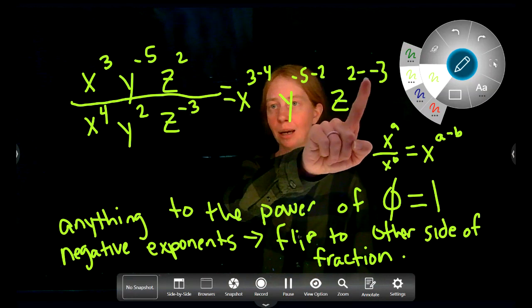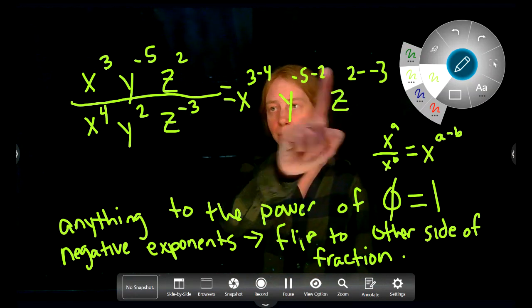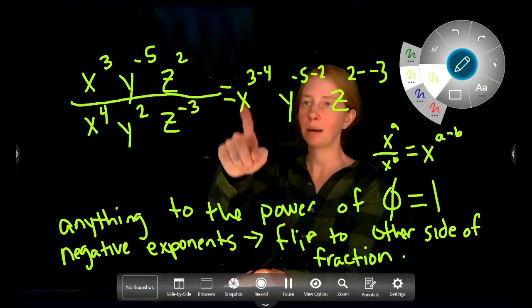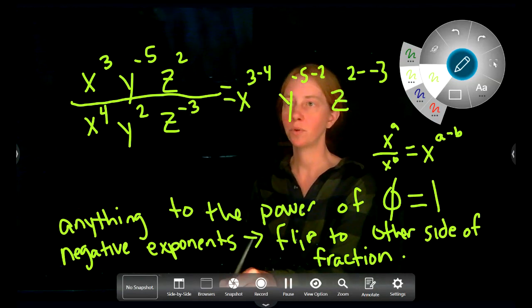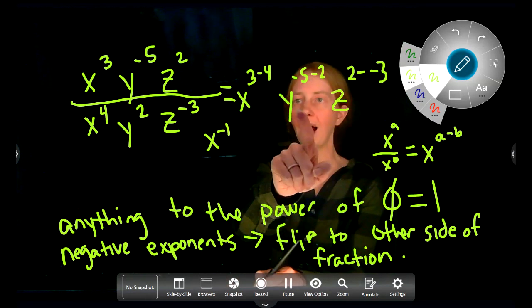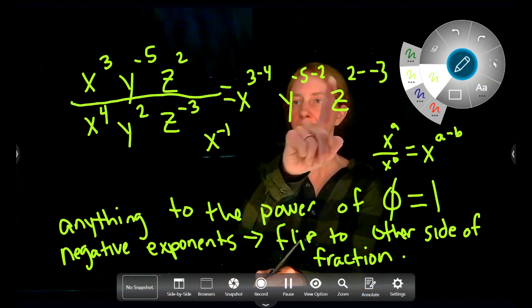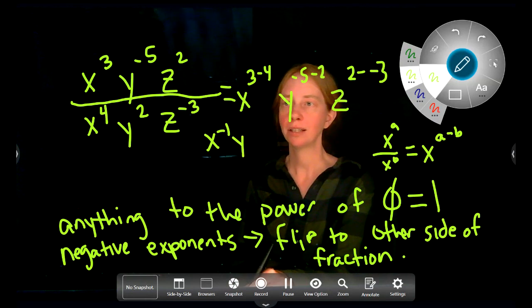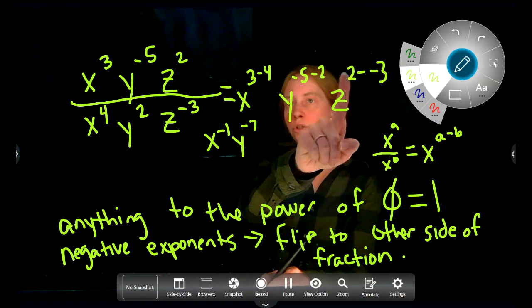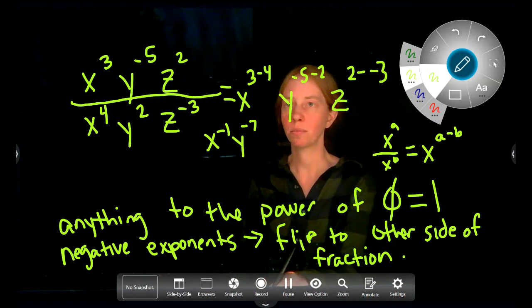And so we end up with that double negative here because we're doing minus the minus 3. Okay, so next step. So x to the 3 minus 4, that's x to the negative 1. Y to the minus 5 minus 2 is y to the minus 7. Z to the 2 minus a minus, so that's a plus, 3 is 5.